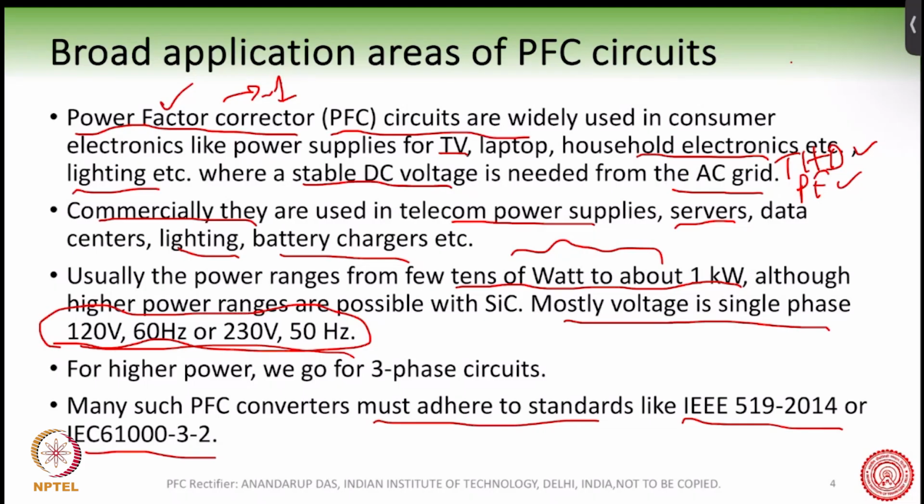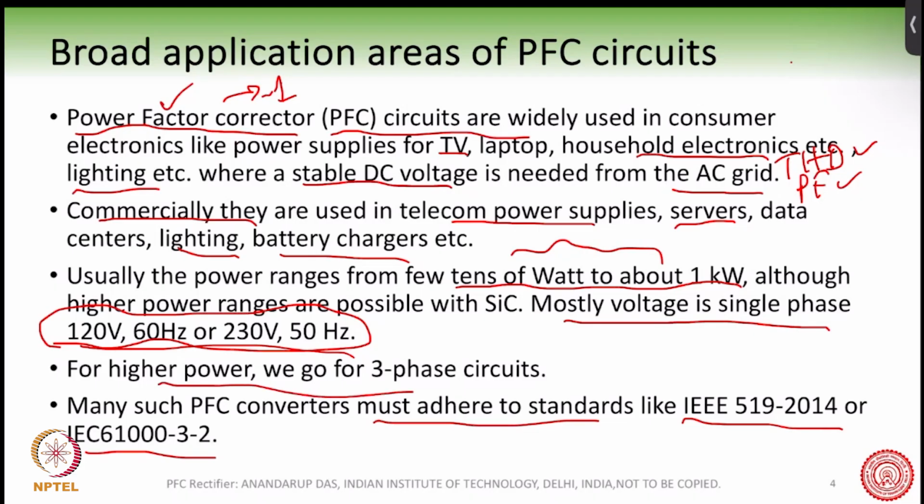But if you want to build a universal power supply which can work at both 120 and 230 volt, your design will become more challenging. We will see how this challenge comes as we progress on the slides. Of course, for higher power, we have the three-phase circuits.